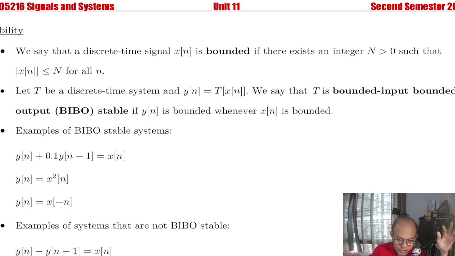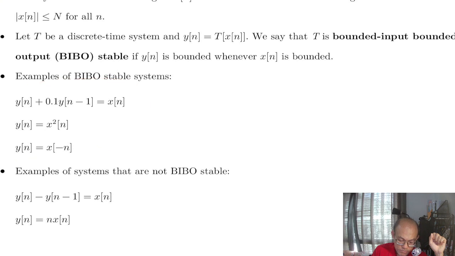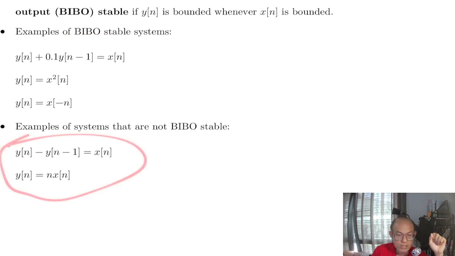The magnitude of every sample doesn't exceed N. If there exists such N, then your discrete time signal is called a bounded signal. Now, T would be a bounded input, bounded output, or BIBO stable system if whenever x is bounded, the output is also bounded. Now these are examples of BIBO stable systems, and these are not BIBO stable systems. All right.